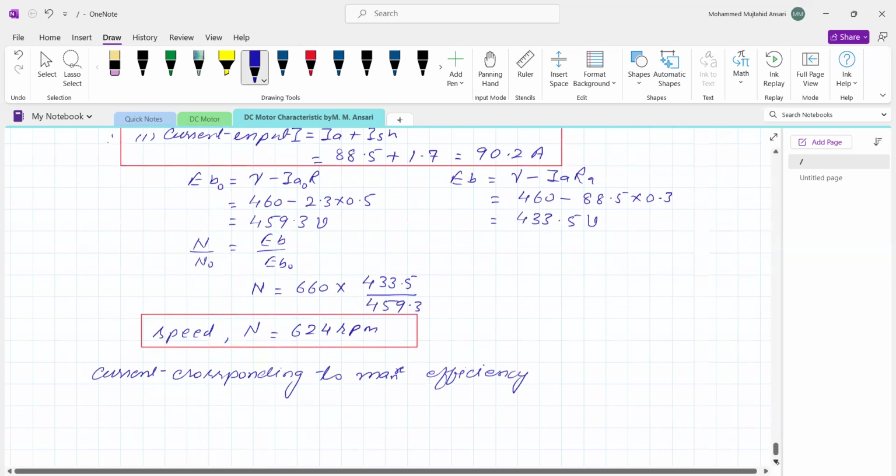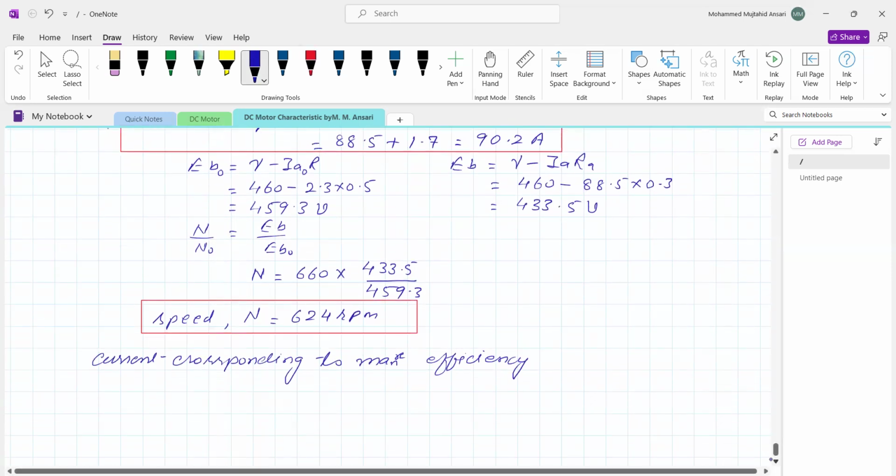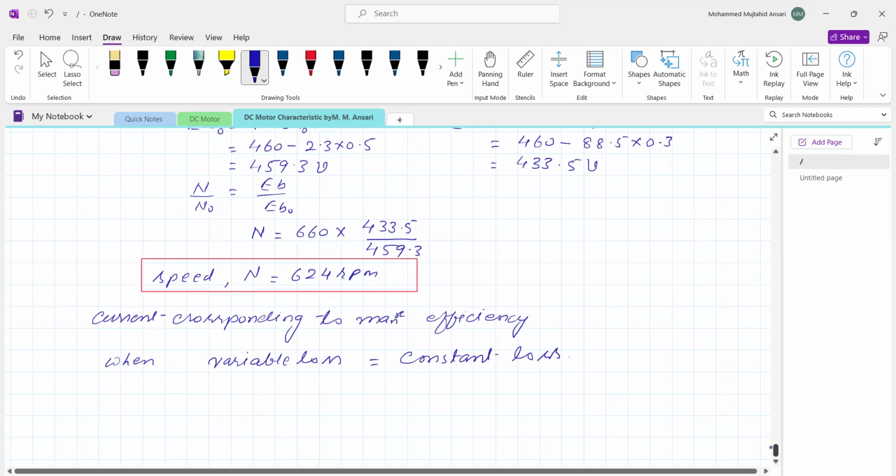For the DC machine, the efficiency is maximum when the variable loss becomes equal to the constant loss. Here the variable loss is the copper loss in the armature.